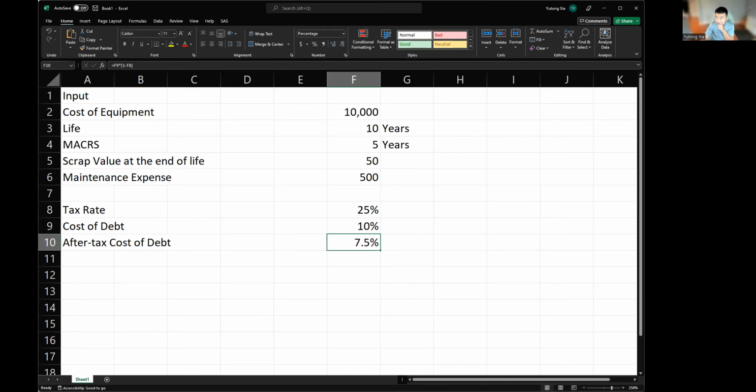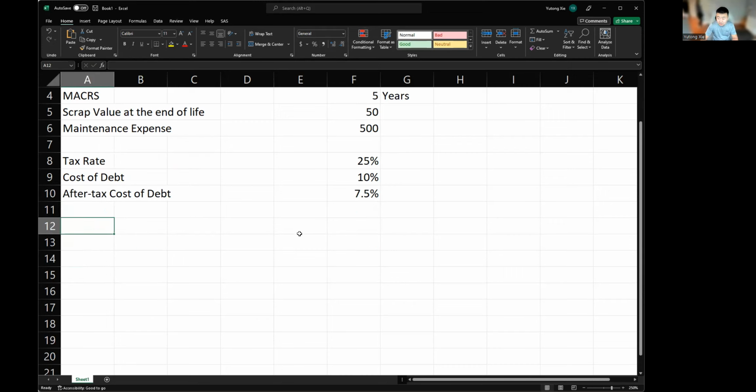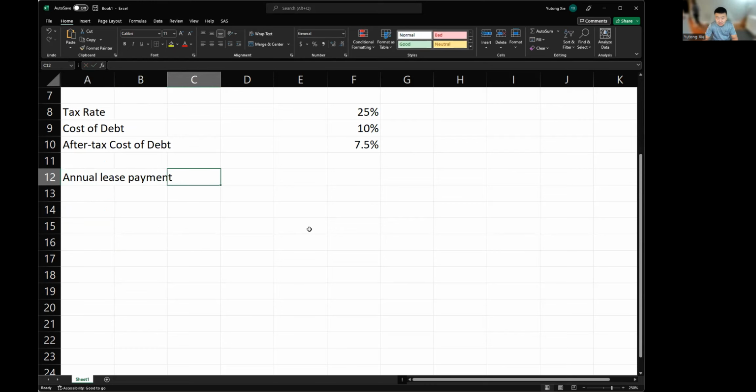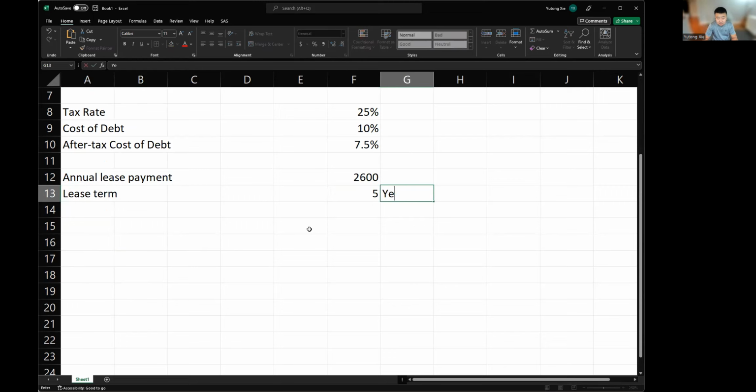And then with some input about the lease, the annual lease payment will be 2,600. The term of the lease will also be 5 years.